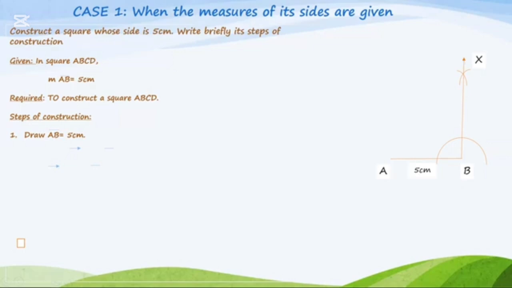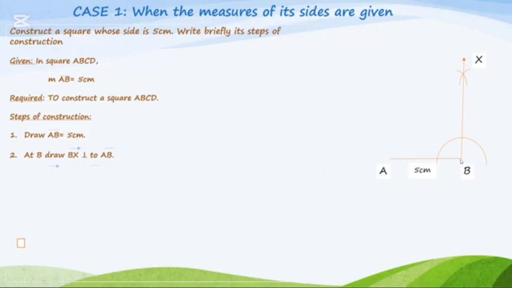It can extend indefinitely only in one direction, so we have to make an arrowhead over there. I have mentioned the name X. So I have drawn a perpendicular on AB. I have drawn BX, which is perpendicular to AB. So step number 2 is at B, draw BX perpendicular to AB.